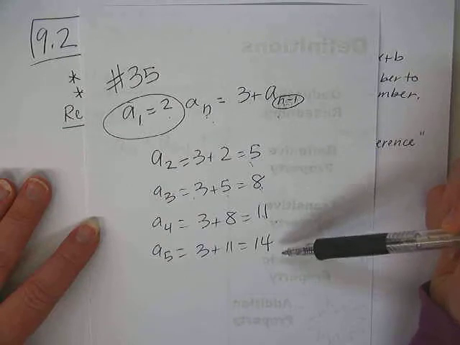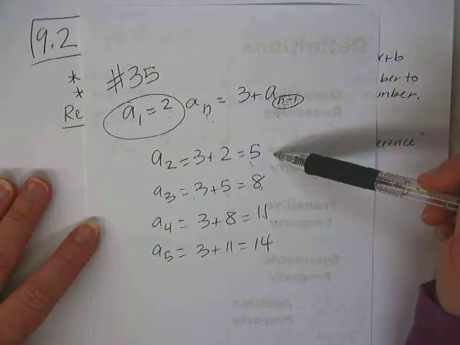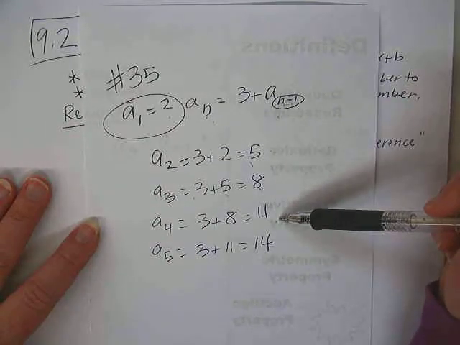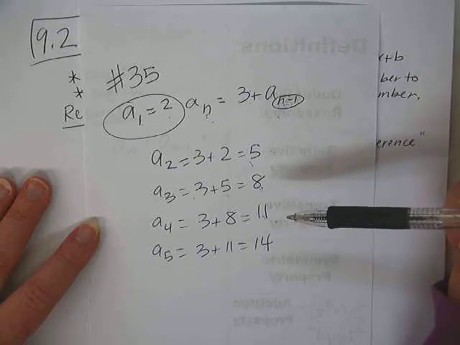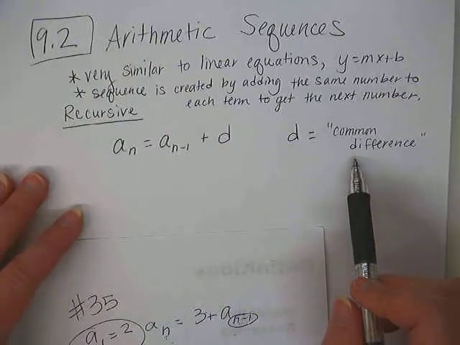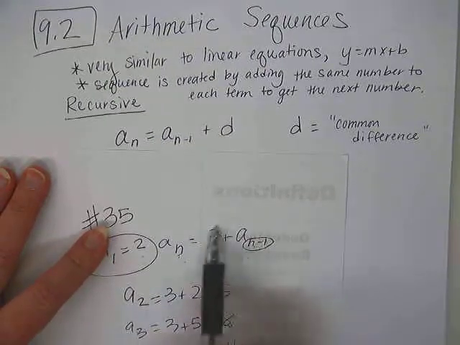It's the common difference, because if you look at each of these numbers and you subtract any of them from each other, so like say 8 minus 5, what do you get? 11 minus 8? 14 minus 11? Oh, so a difference is when you subtract, and a common difference is getting the same number every time you subtract. That's why this is called the common difference.